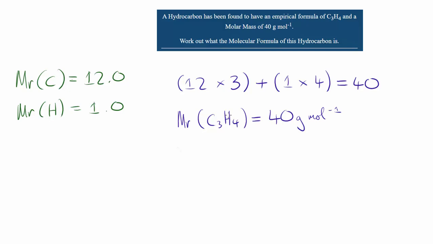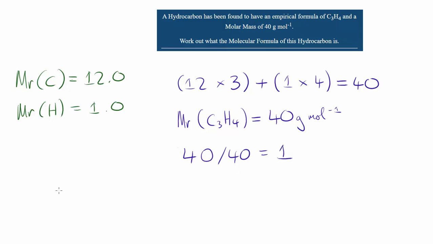Traditionally speaking, in a calculation like this, you may want to divide the molar mass of the given molecular formula by the molar mass of the empirical formula. It may well be a redundant step, but we can have a go anyway and see what we get, which we know we're going to get. So in this case, 40 divided by 40 is going to give us our multiplier, which is going to be 1, right?